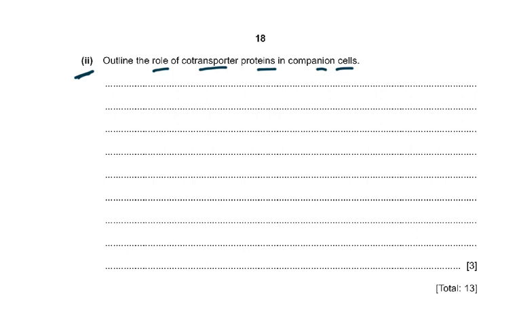So the hydrogen ions are pumped out, and then the hydrogen ions move back in and bring sucrose along with them. And the sucrose is coming from where? From the cell wall. And the sucrose moves in against its concentration gradient, and this needs a very important co-transporter protein. The reason it cannot move in by itself is because sucrose is polar, so it cannot pass through the hydrophobic part of the cell membrane.